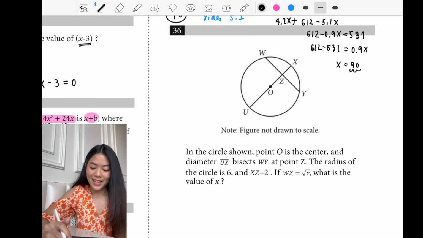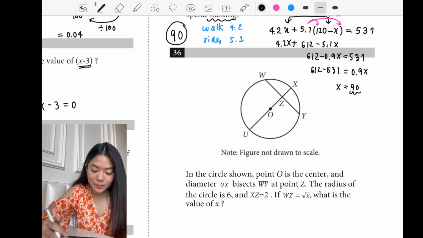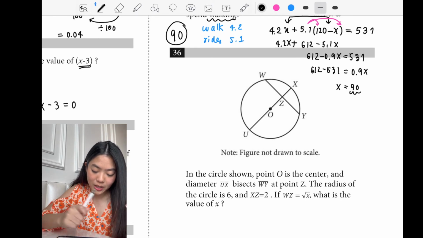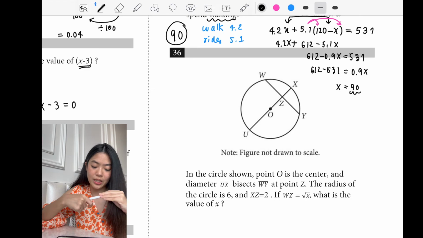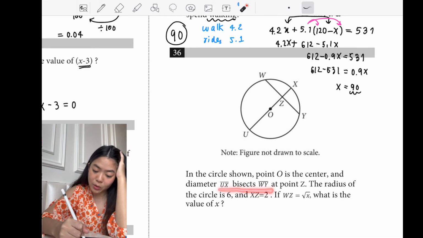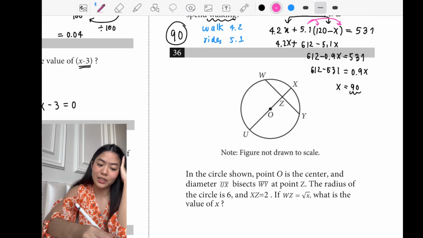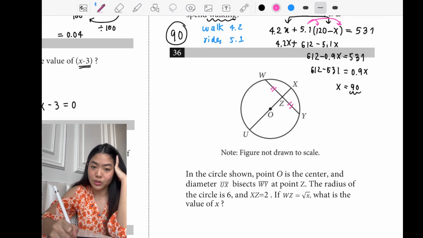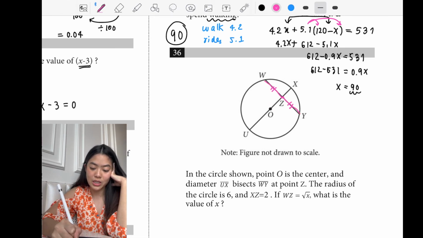Okay, next, 36. In the circle shown, the point O is the center and the diameter UX bisects WY. UX is here and WY is here. So they bisect each other, so you can write that WZ and ZY are equal to each other, at point C. The radius of the circle is 6, so we can write 6 here.